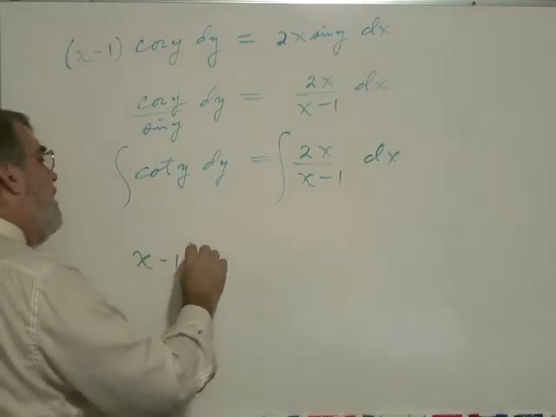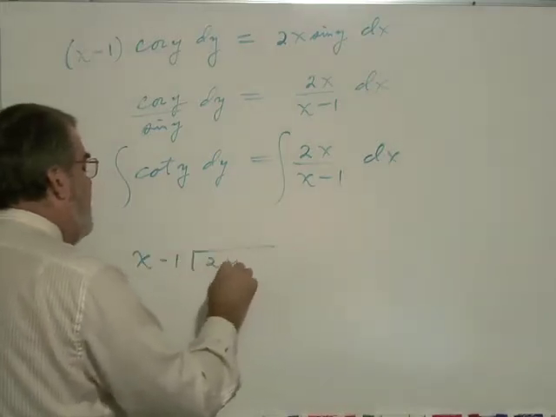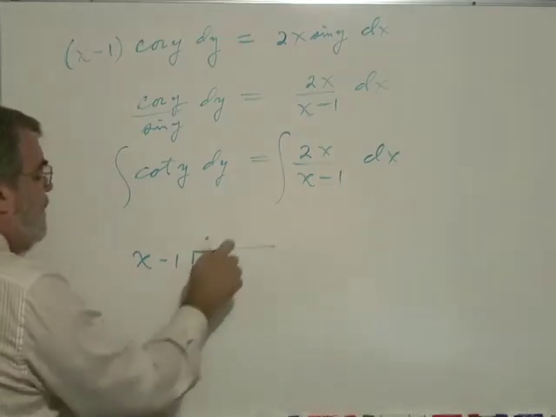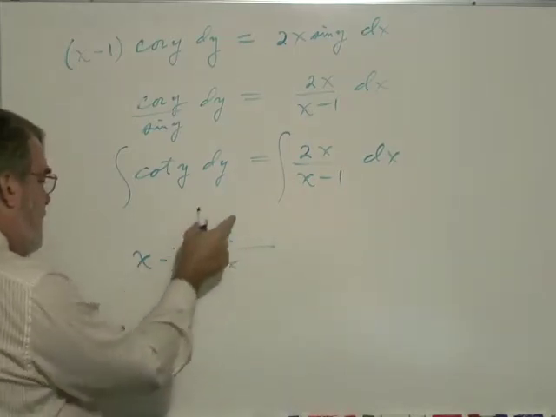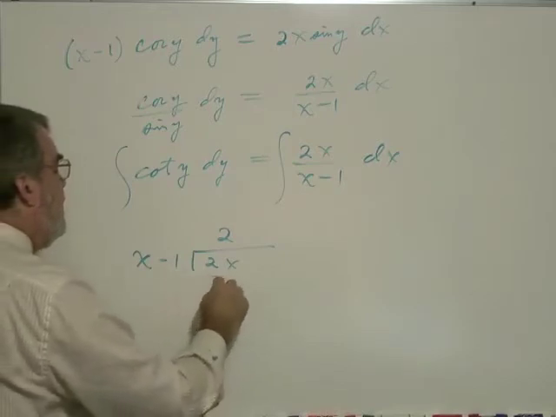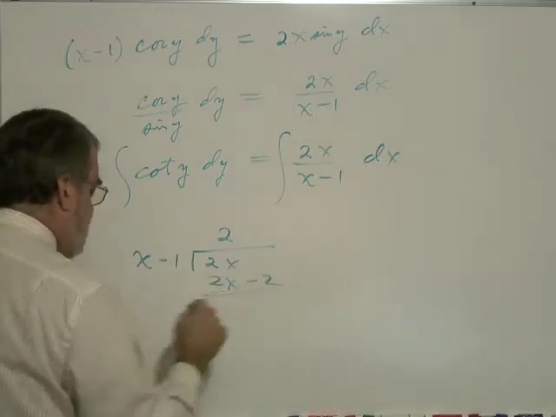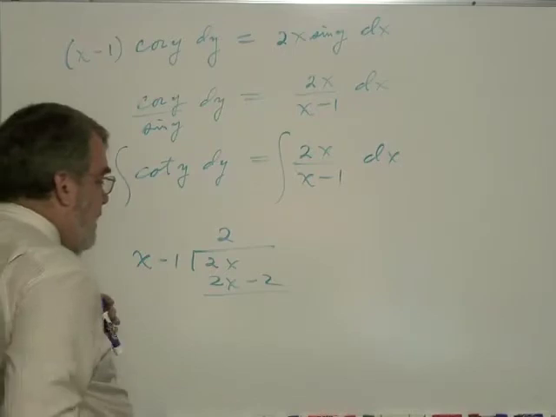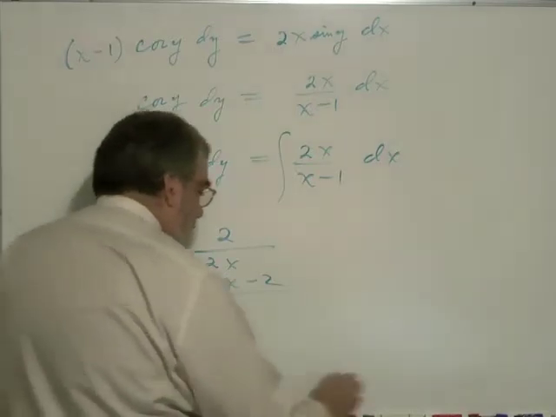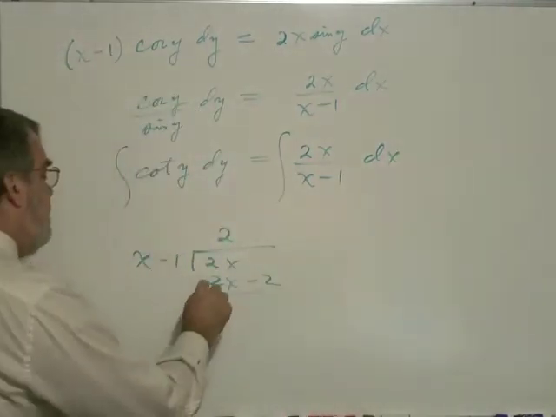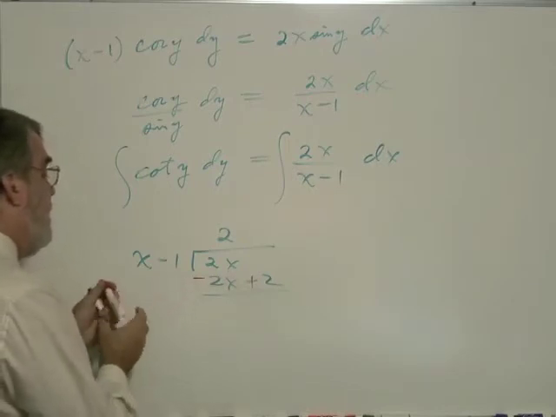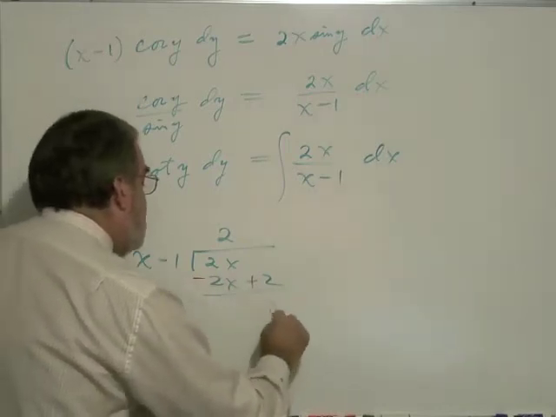If I divide x minus 1 into 2x, x goes into 2x 2 times. Multiply 2 times x minus 1, I get 2x minus 2. Then we subtract. This is long division. We subtract, and I get a 2.